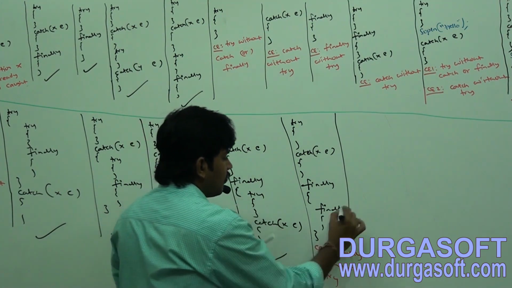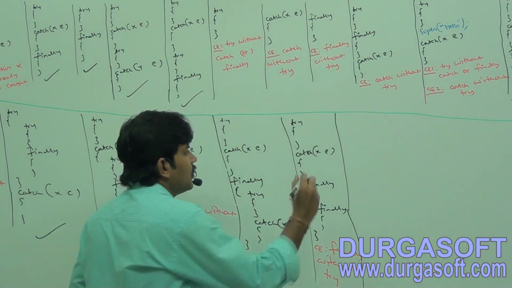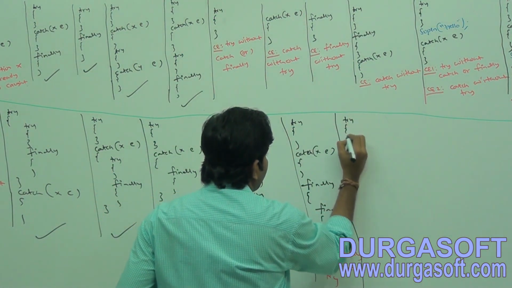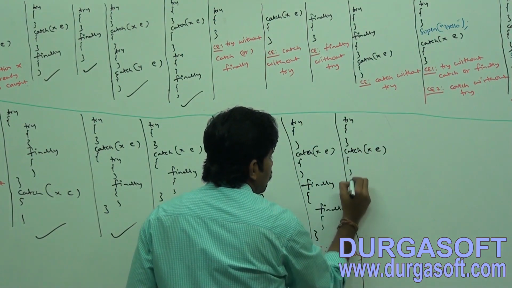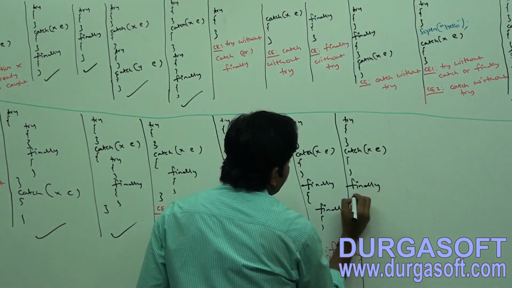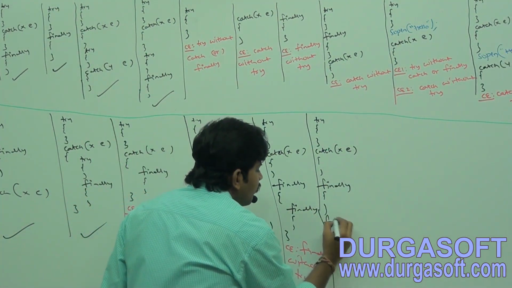Finally without a try, because here is the problem: this finally is not having the try. Next, try I am taking, catch exception, and then finally block, try catch finally, and then another finally block.